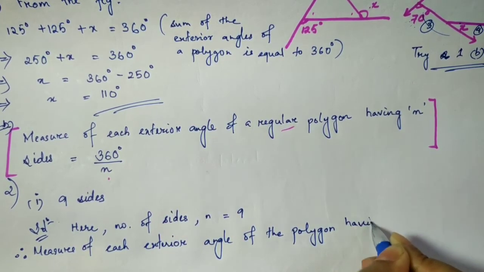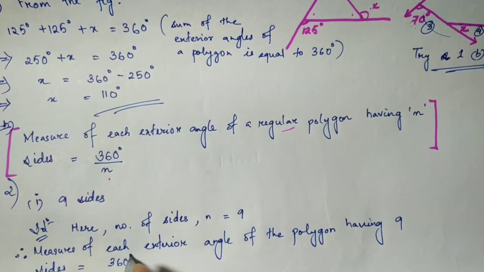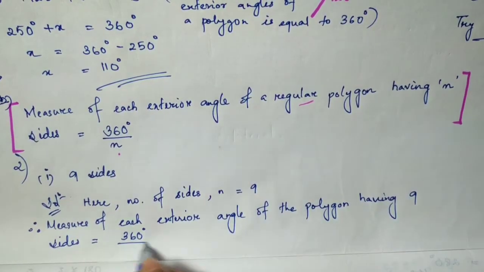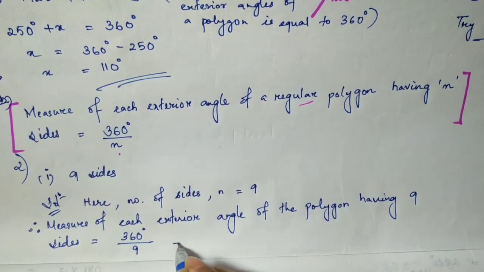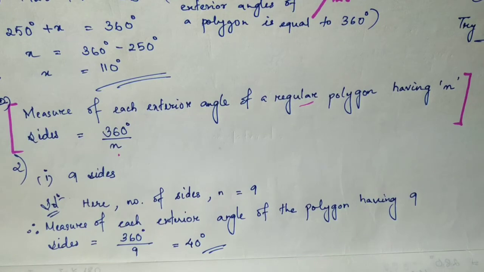It has 9 sides. Having 9 sides is equal to 360 degree divided by the number of sides, divided by 9. If you divide it, you will get it as 40 degree. Means each of the exterior angles will be of 40 degree.